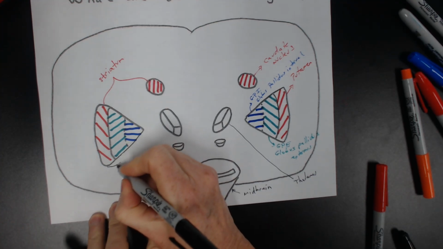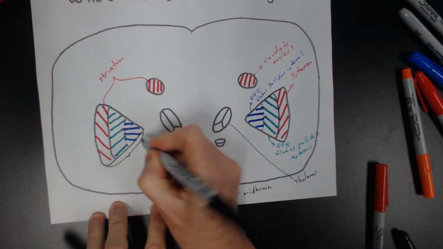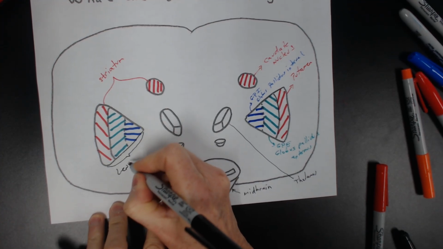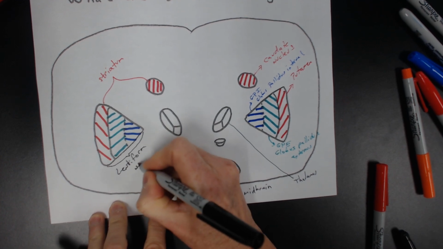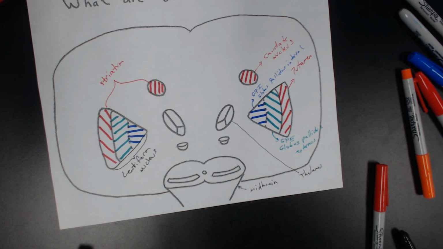So all these things together, this is called the lentiform, L-E-N-T-I-F-O-R-M nucleus. Really, that's just the name for the slice of pie. That whole slice of pie is called the lentiform nucleus. So just a lot of new words.